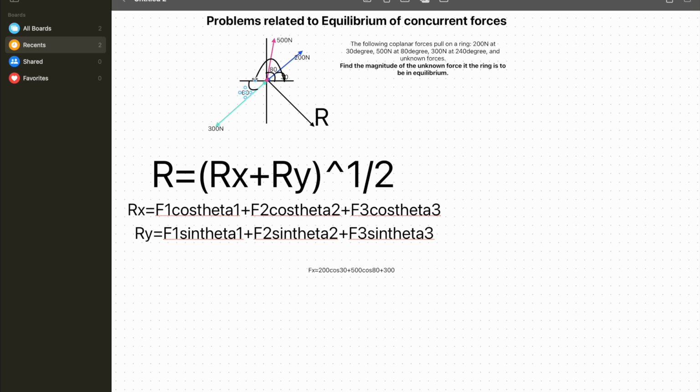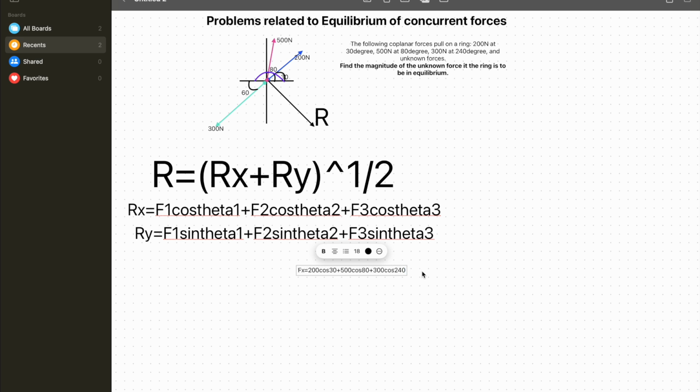This right here is 180 degrees, right? So if it's 180 degrees and there is 60 degrees in addition, it should be called 240 degrees in total. So the 300 Newton is at 240 degrees in respect of the x-axis: 300 cosine 240.